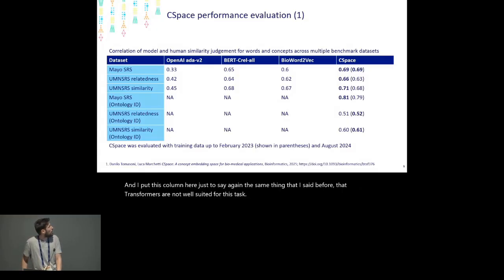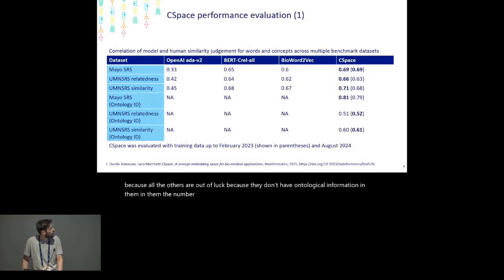Further, we tested CSpace on the ontological counterpart of those datasets. And in this context, CSpace is the only tool able to give an answer, basically, because all the others are out of luck, because they don't have ontological information in them.